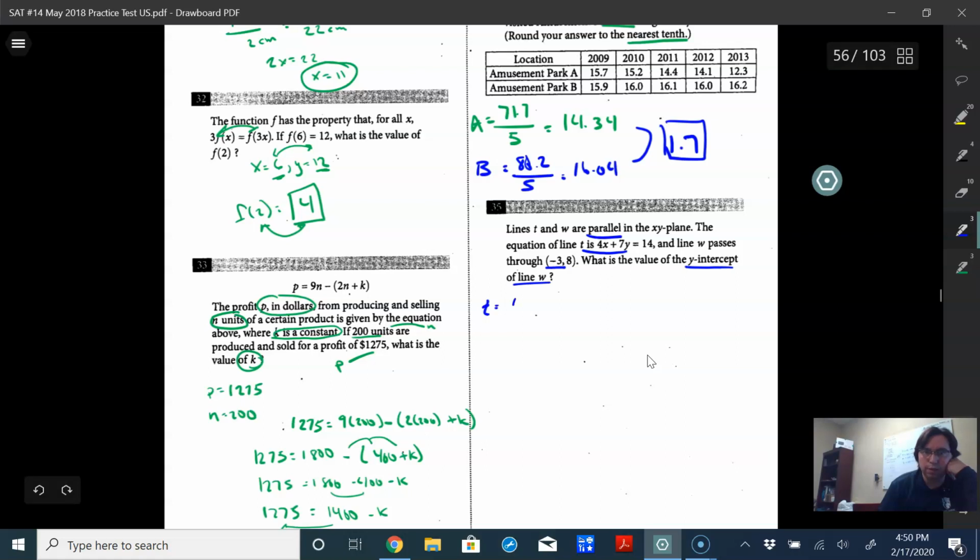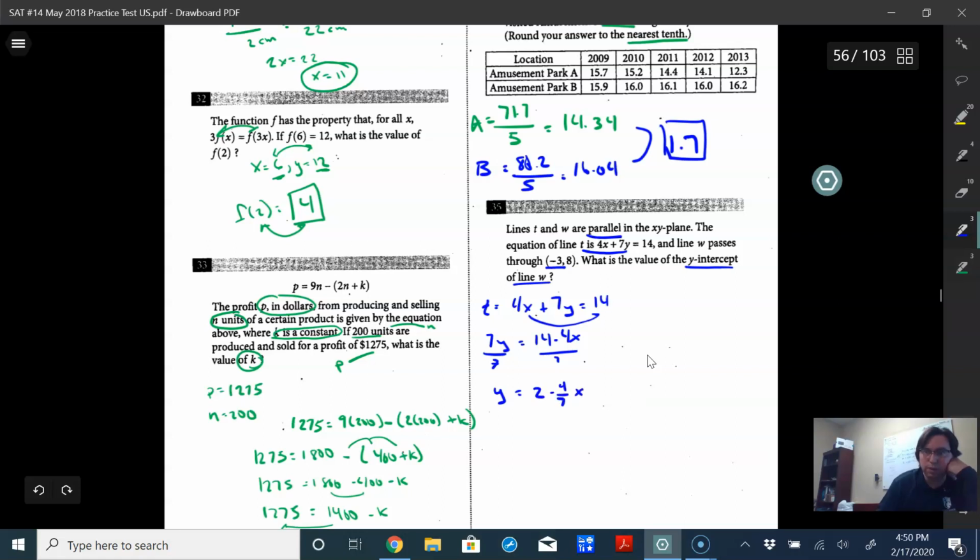So we have 4x plus 7y equals 14. Then I need to move this piece over here. So now I have 7y equals 14 minus 4x. And then I need to divide by 7. So now I want to get y equals 2 minus 4 over 7x.